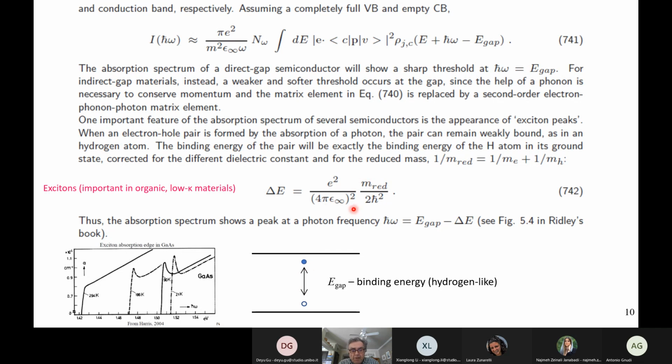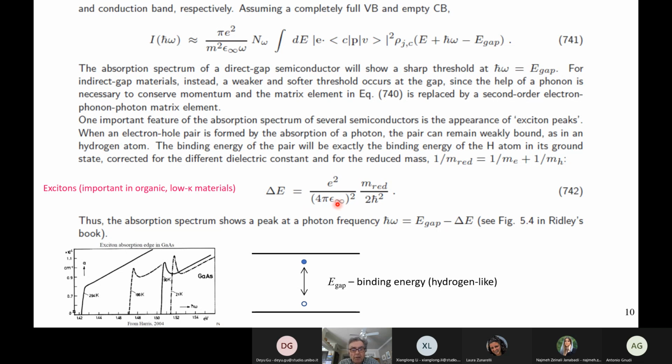So essentially it's a hydrogen atom, reduced to the center of mass frame, with a corrected mass, and of course, most importantly, a dielectric constant which is quite different.